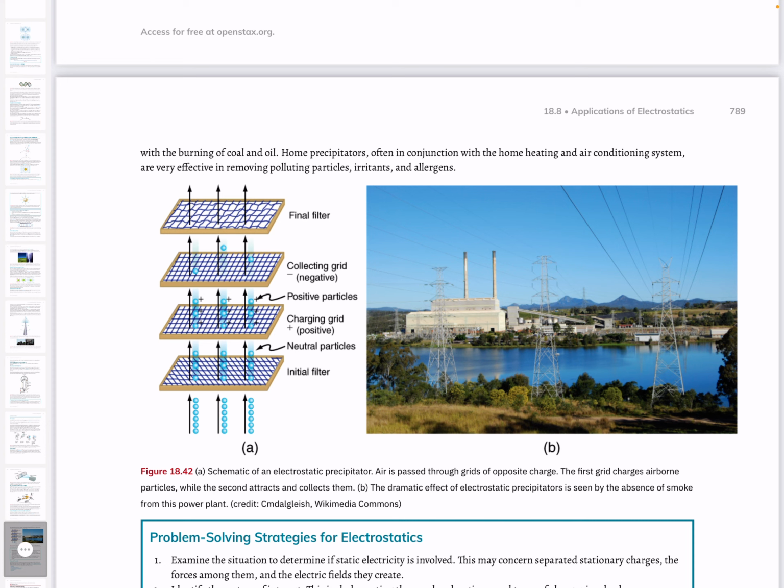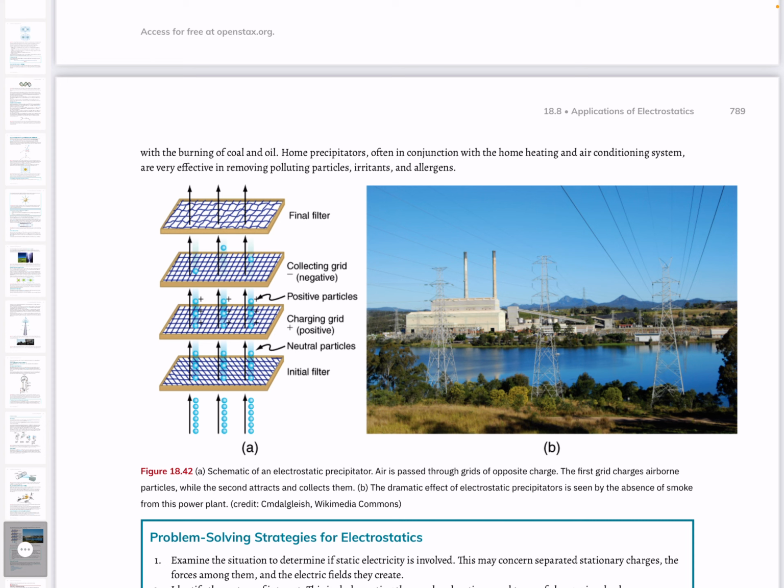A lot of the times they use water for that first filter. And the water, the particles, sometimes they interact with the water and they get absorbed into the water, but a lot of the neutral particles will come through as a neutral particle, and then they get charged. So they go through this next screen, which is not a filter, it's just a charged screen.